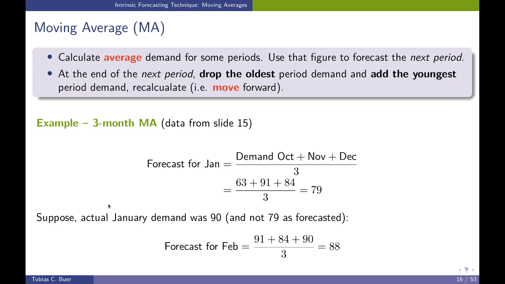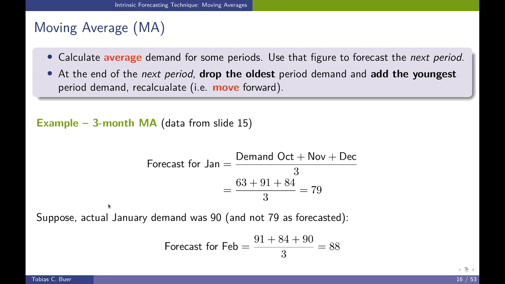In this example, this demand was 90. This is just a number I made up. You cannot know this. You need to observe this number. And then the forecast for February includes the actual demand of November, December and January. Again we calculate the average over these 3 months, and the forecast then would be 88 units.